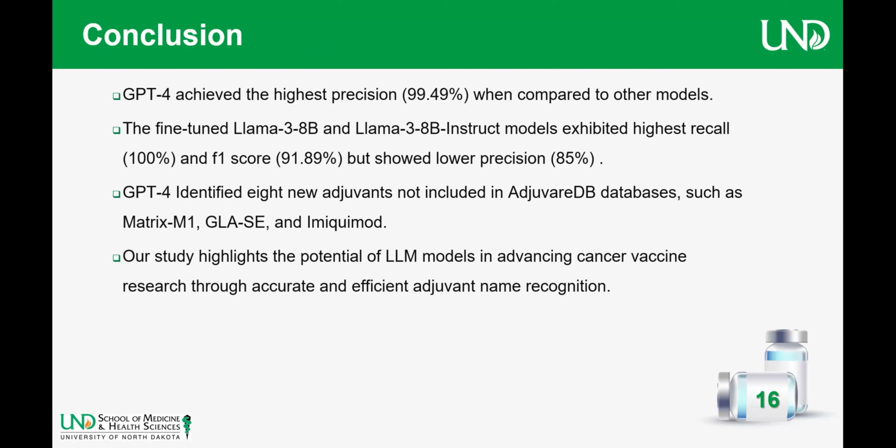And GPT-4 identified 8 new adjuvants not included in the AdjuvarDB dataset, such as Matrix-M1, GLAAC, and immunomod. Our study highlights the potential of large language models in advancing cancer vaccine research through accurate and efficient adjuvant name recognition.